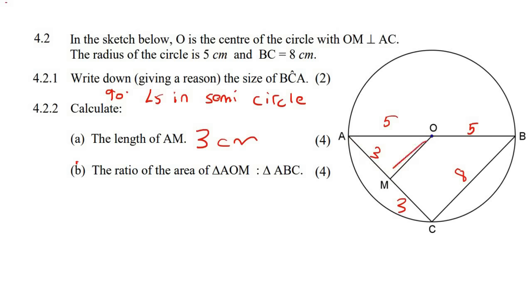But we need this length, okay? So in this triangle here, we already know that this is 90 degrees. So we can do Pythagoras. So we can say 5 squared take away 3 squared, which would give us 16. And so therefore OM squared is 16, and then the square root of 16 is 4. So this length here is 4.